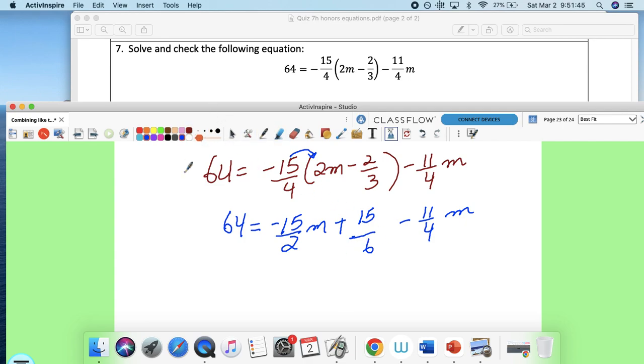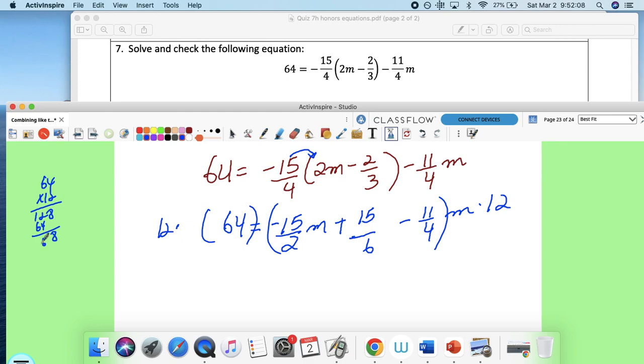So I want to clear it, so I'm going to multiply this whole thing, everybody. I'm going to multiply the right side by 12. I'll multiply the left side by 12, and then I'll multiply this side by 12 as well. Okay, 12 times 64. Ugh. Okay, so we have 128, 64.